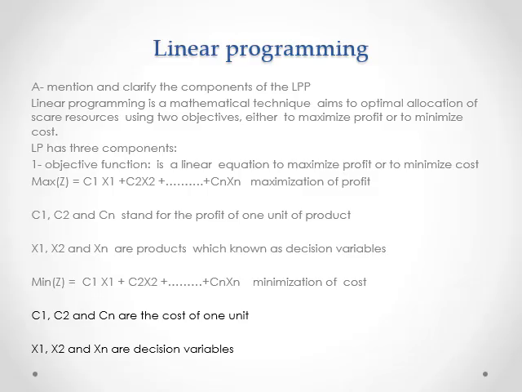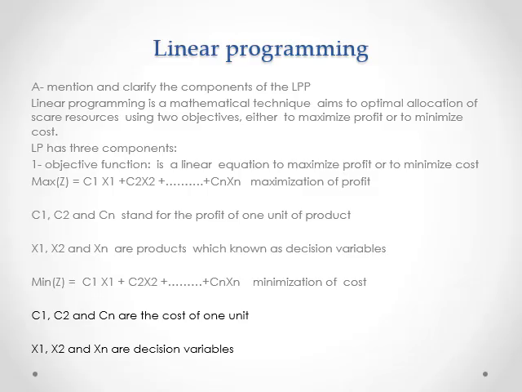For the cost of one unit. C1 in case of minimization is the cost of one unit of product X1, C2 is the cost of one unit of product X2, Cn is the cost of one unit of product Xn.